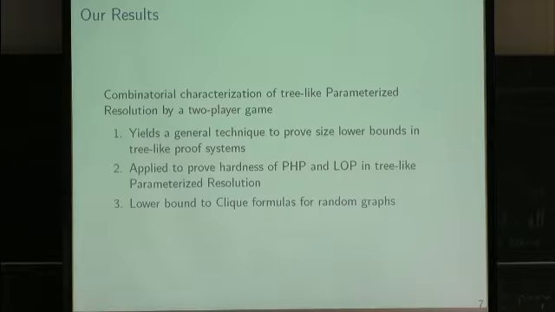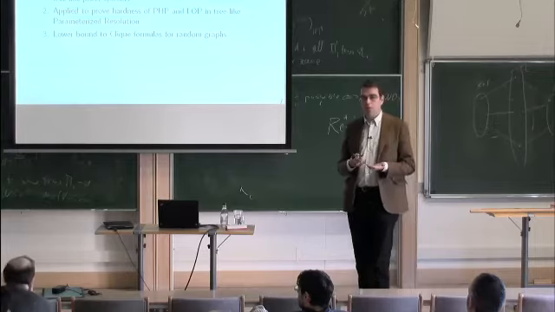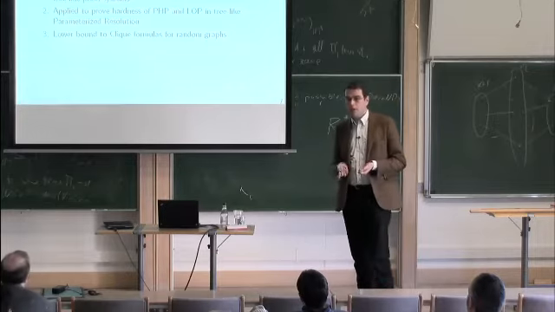And we illustrated that technique on the pigeonhole principle and the linear ordering principle in tree-like parameterized resolution. And I think as the most important contribution, we analyzed the clique formulas in random graphs. So that result was already mentioned by Stefan in the previous talk. And what I want to do now is to show you a bit of the proof and the general technique that is behind this.